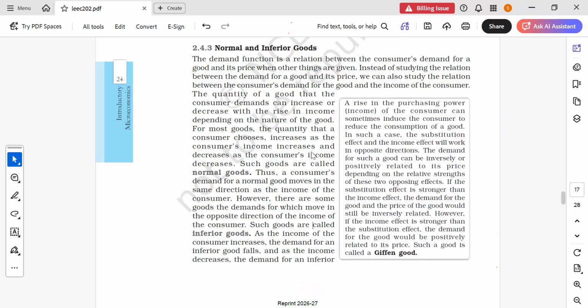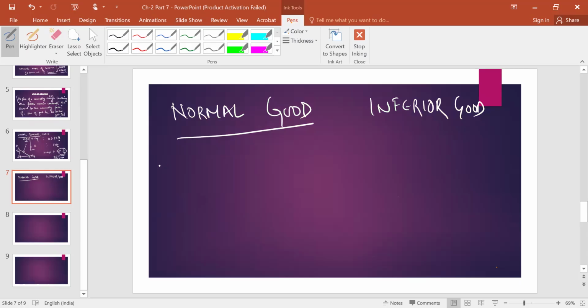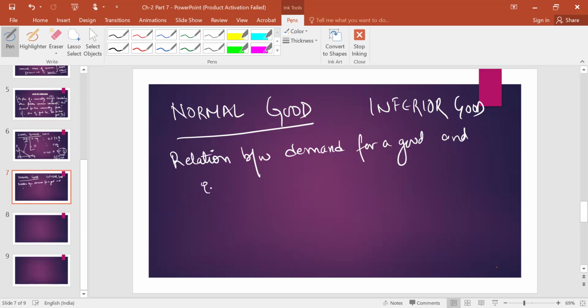As we know, the demand function is a relation between the consumer's demand for a good and its price when the other things are given. So now we want to understand the relation between the demand for a good and the income of the consumer.